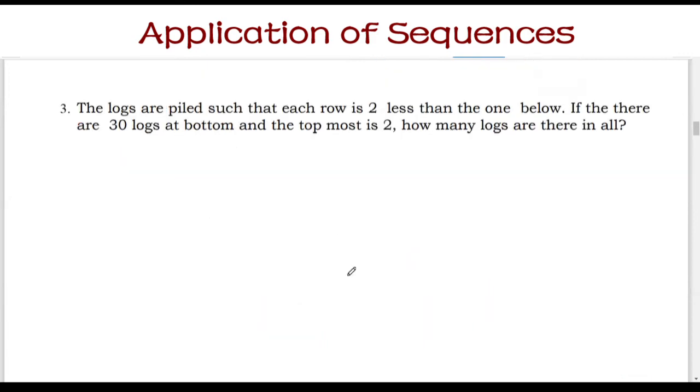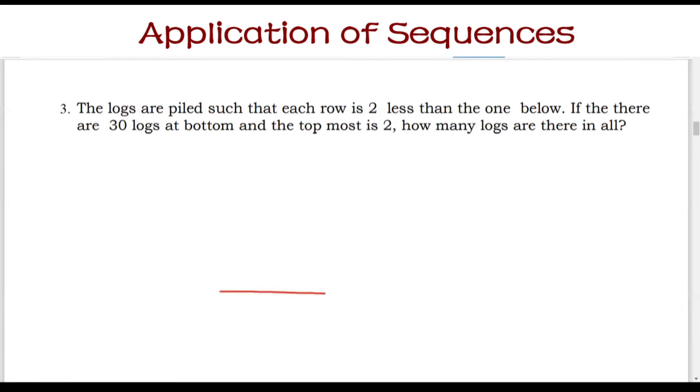Okay, so down to our last word problem. The logs are piled such that each row is 2 less than the one below. Kung meron daw 30 logs at the bottom, yung pinakailalim, and the topmost is 2, how many logs are there in all? So, can you imagine the problem?